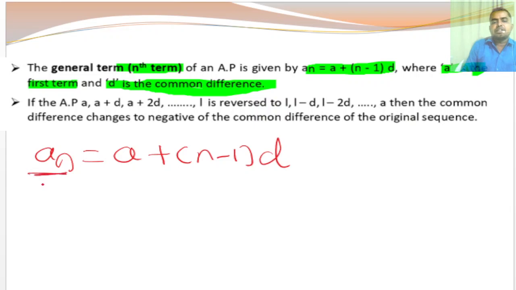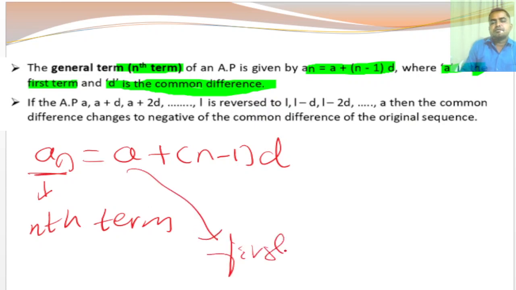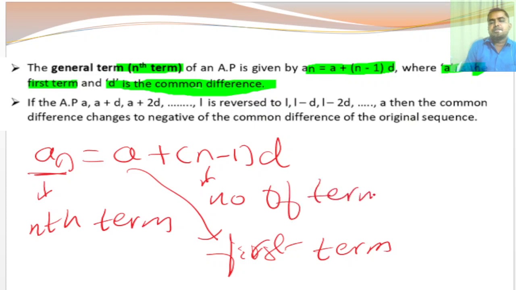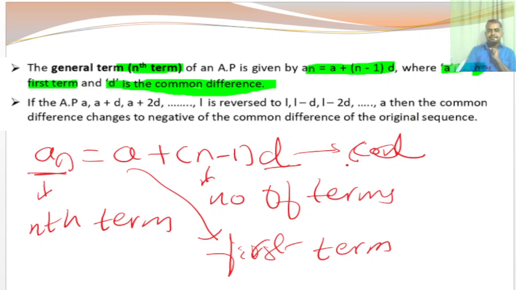Here an means the nth term, a is the first term, n means the number of terms, and d means the common difference. In short, common difference is CD. So this is the formula we use to calculate the nth term of the AP.